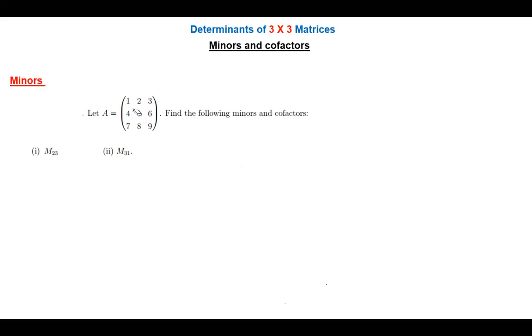So let's say, for instance, you've been asked to find the minor. M stands for minor. So the minor of an entry which is found on row number 2 and column number 3. Meaning you are moving in the second row and the third column.